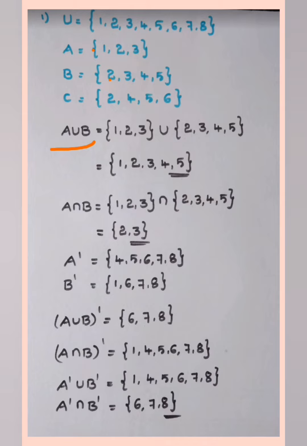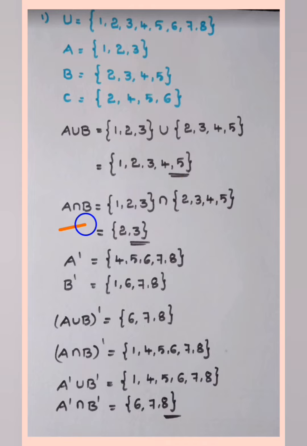A union B has the elements in set A and the elements in set B. We have to combine these two and write all the numbers together in a set. There should not be any repetition of the numbers. You see, you have written 1, 2 here, and in B also, so you write 1 only once. Then 3 once, then 4, 5. And this is the set for A union B.